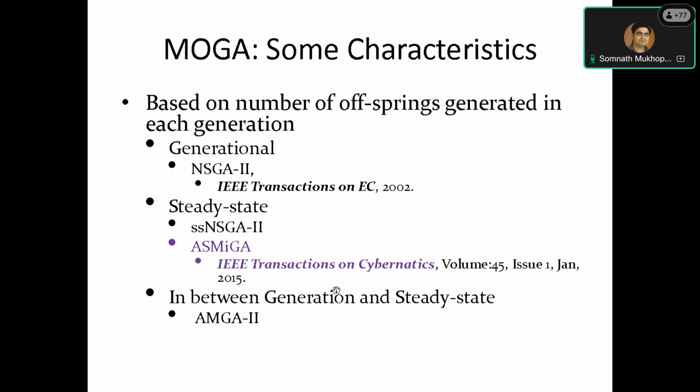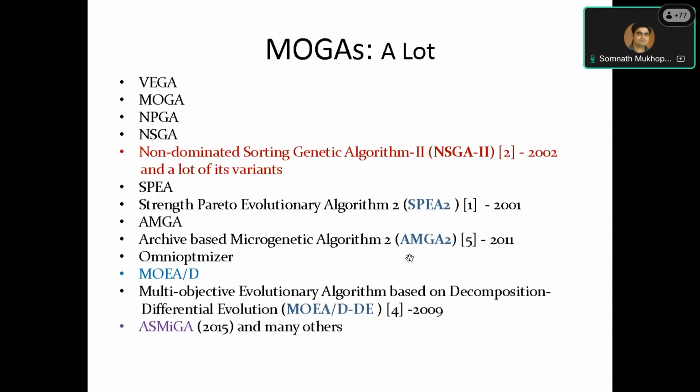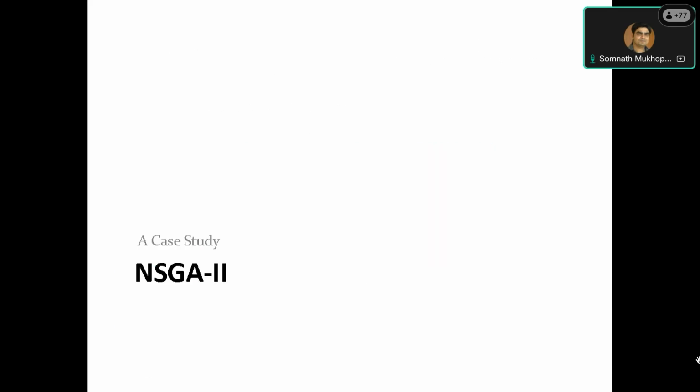When the subspace is large, it is macro-genetic. There are many kinds of MOGA available, but what we are discussing in today's class is NSGA-II, the non-dominated sorting genetic algorithm.